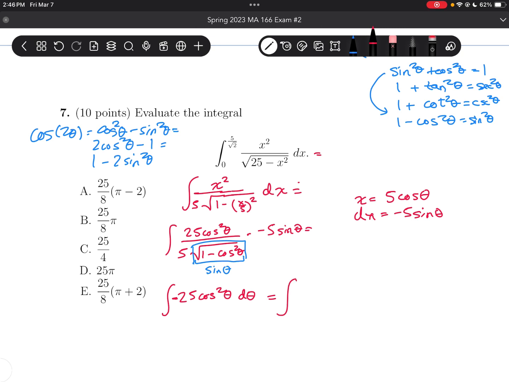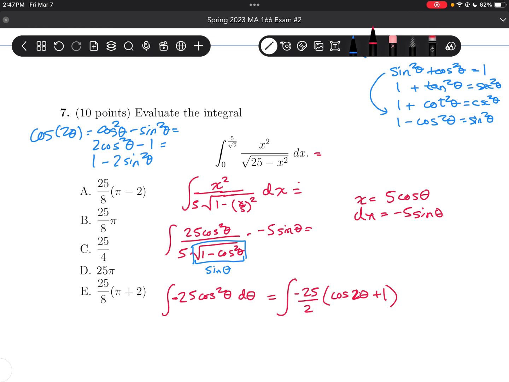And so if I use that identity, I get negative 25 halves times cosine 2 theta plus 1. So this expression here is equal to this, using the double angle identity for cosine 2 theta.